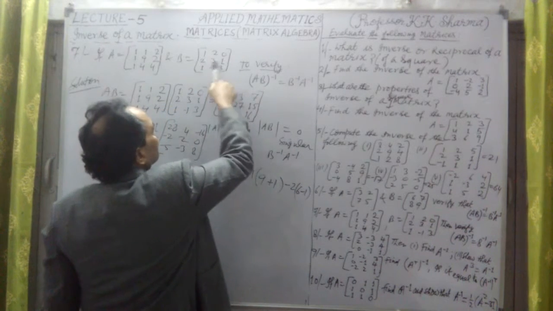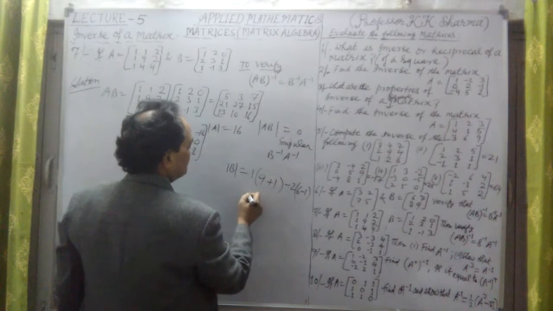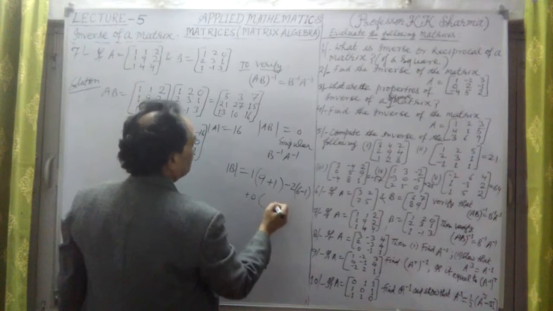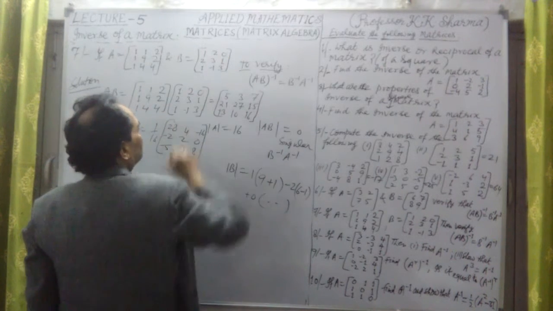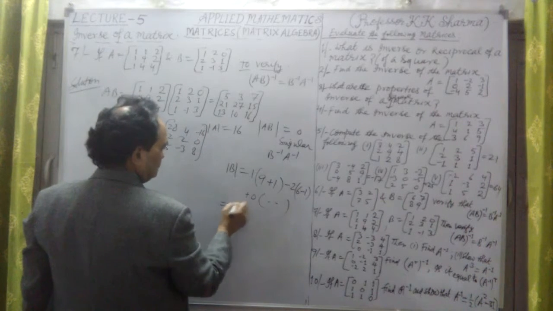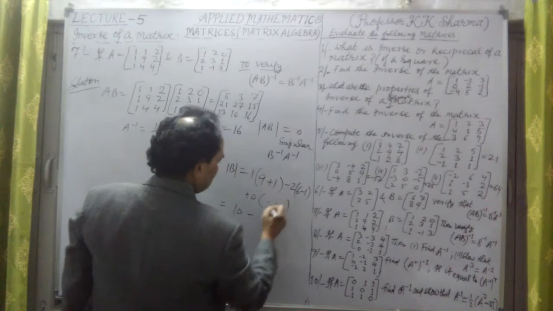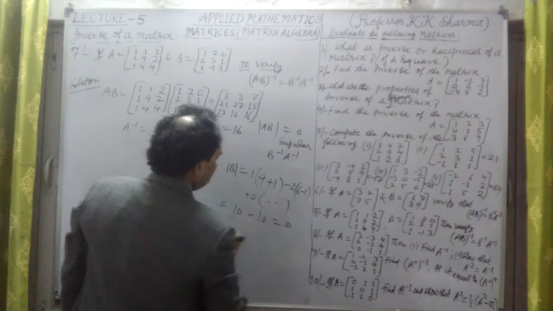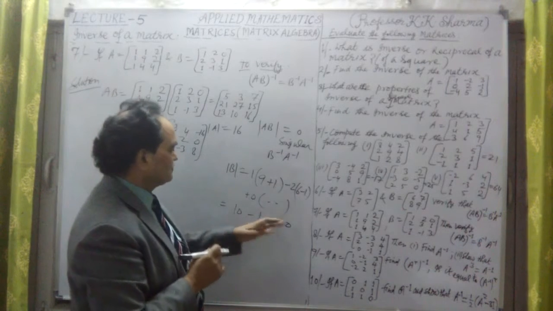Then plus 0 times something, it is 0. The third element is 0. So 9 plus 1 is 10, minus 10. Determinant value of B comes out to be 0.